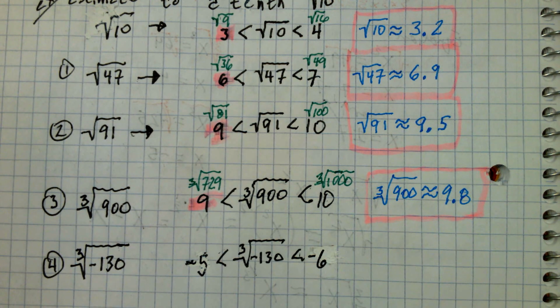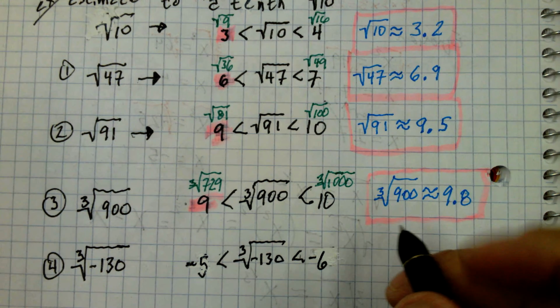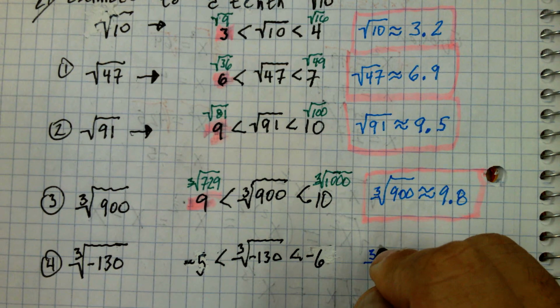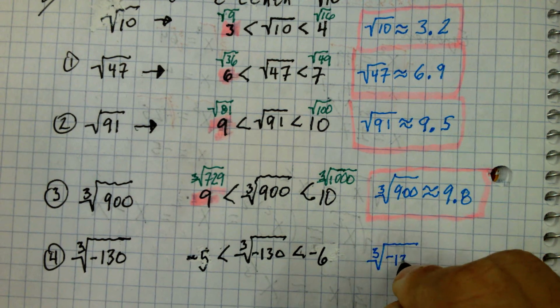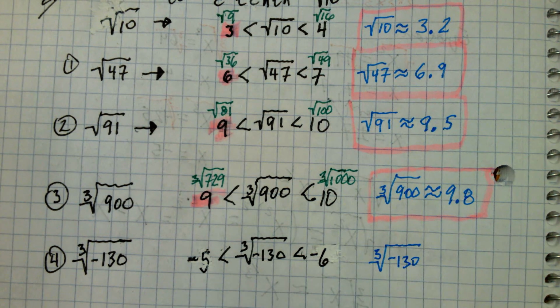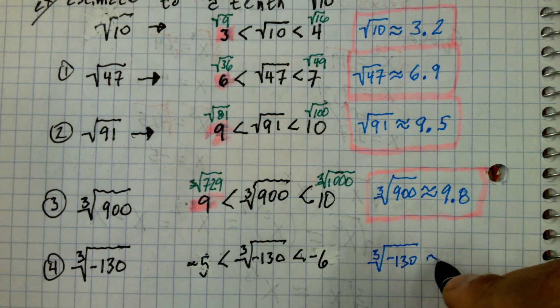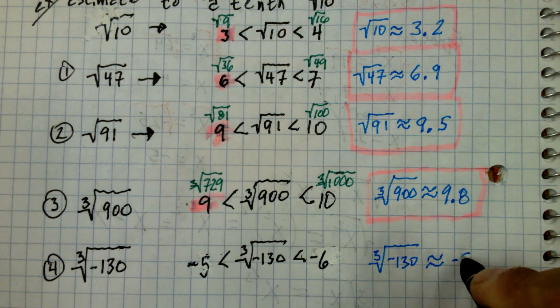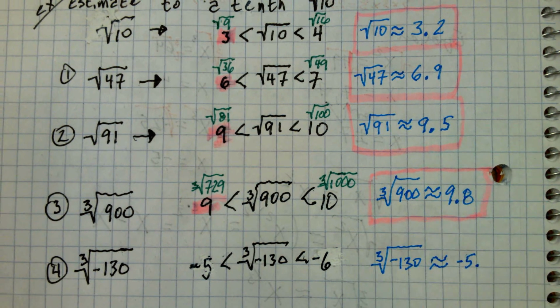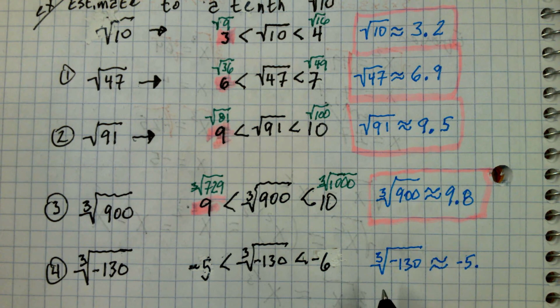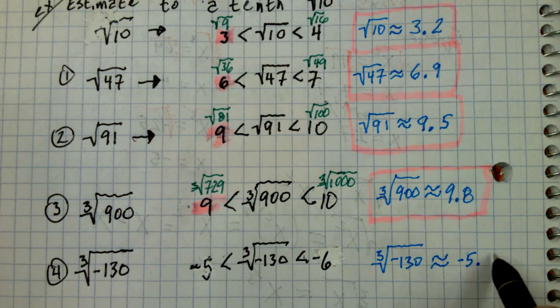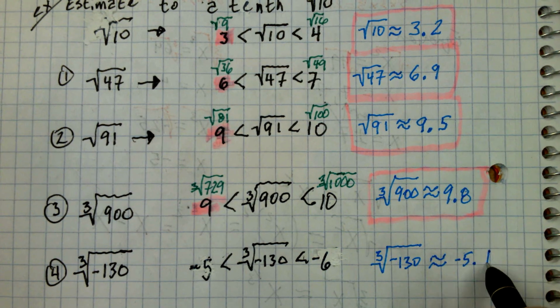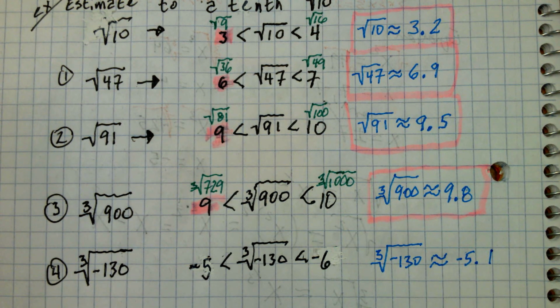It's going to be slightly bigger though. So the cube root is what? It's closer to the smaller one, much closer. So what would we put? Negative 5.1, because it's 125.